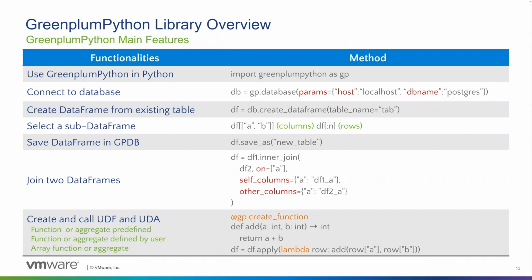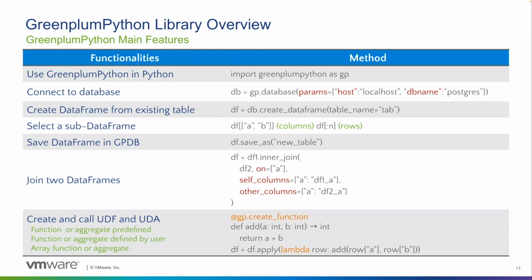So for instance, if we have a Greenplum Python data frame df with two columns, A and B, and want to get the sum of these two columns by applying a Python function executing in database, we can simply add the @gp.create function decorator before the function declaration.